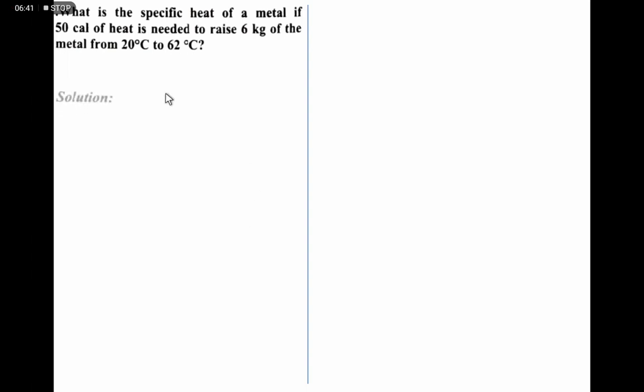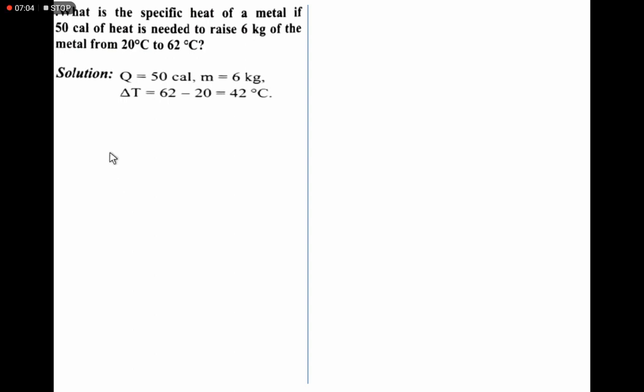we'll try to solve this one. Given is heat supplied to the body is 50 calories, and mass of the body is 6 kilograms. Change in temperature is 62 minus 20, it will be 42 degrees Celsius.